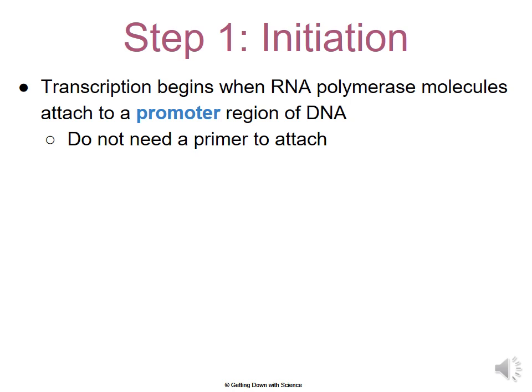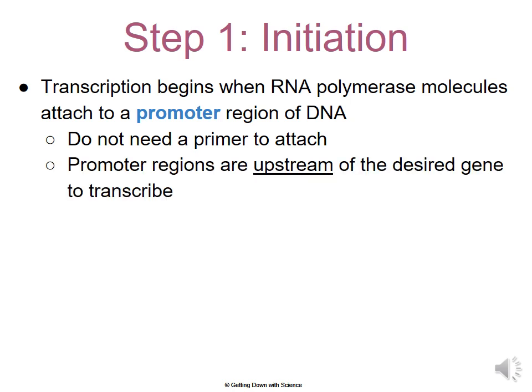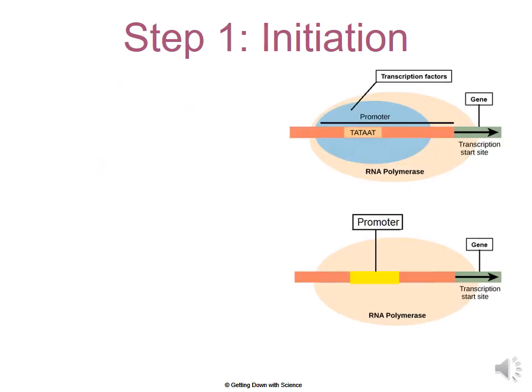We don't need a primer in this case, like we did with replication. The promoter regions are upstream, so they're up ahead of the gene. As long as we attach to the right promoter region, we will transcribe the whole gene following it.